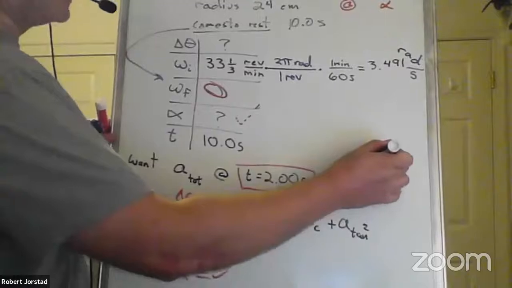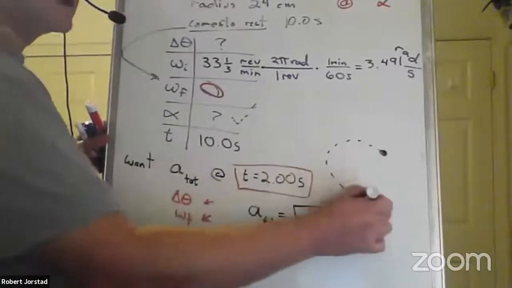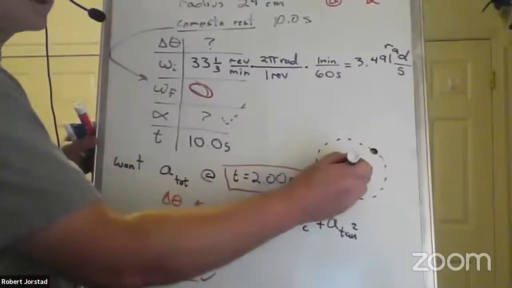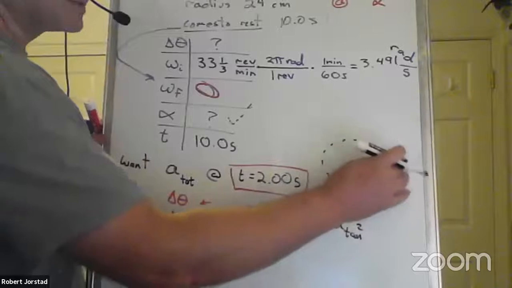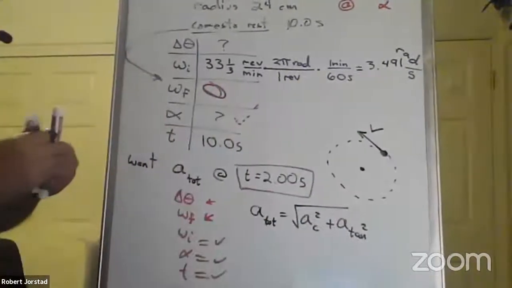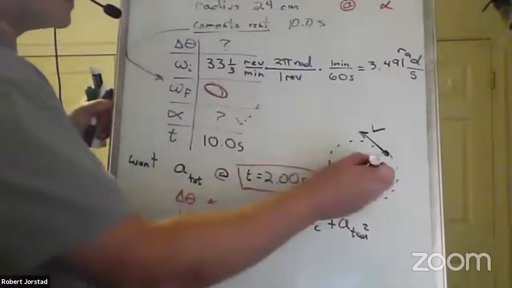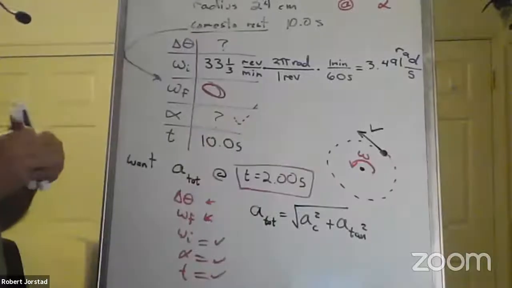If you think about it, here's a point on the edge of the record. It's going around and around and around, right? It's got some speed here. Let's say it's going this way. It's got some speed, and as a result, there's also some omega associated with that.